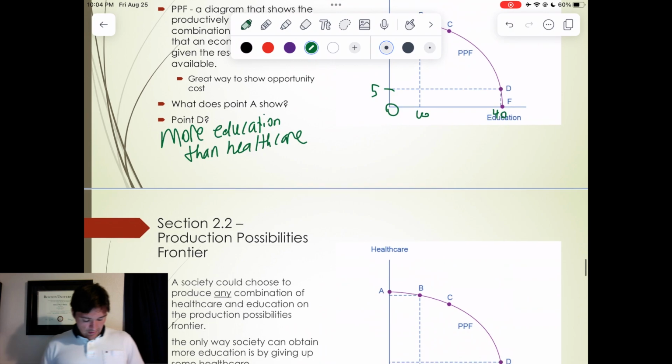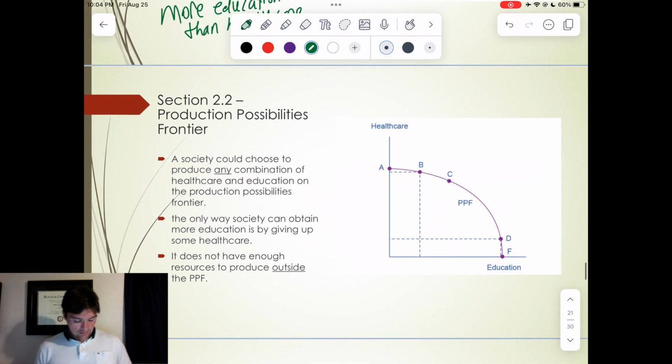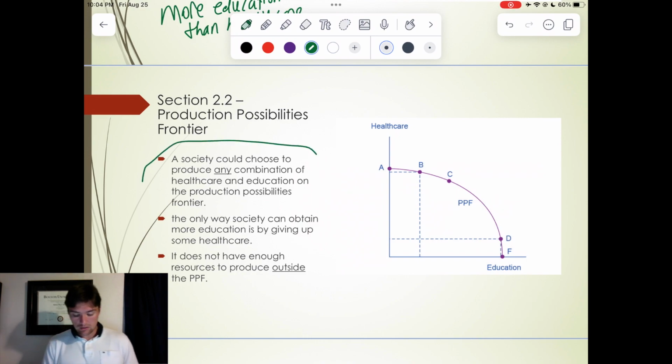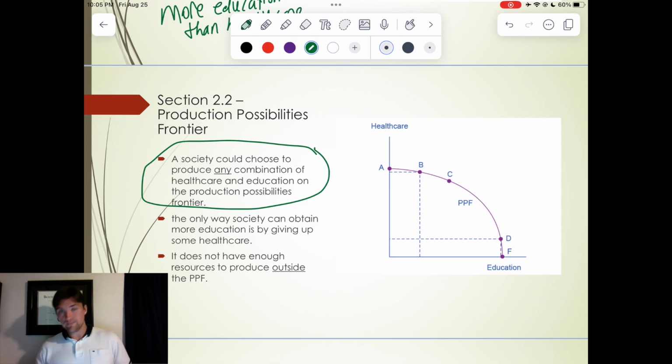I said this is a great way to show opportunity cost because on this curve, you can choose any combination. A society could choose and produce any combination of healthcare and education on this curve, anywhere really. So it could be A, B, C, D, E, or F. There's no E, sorry.